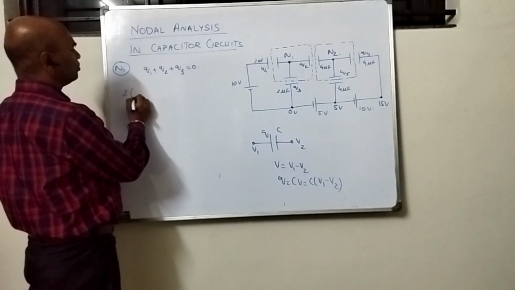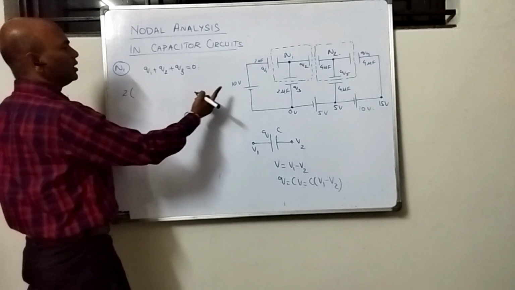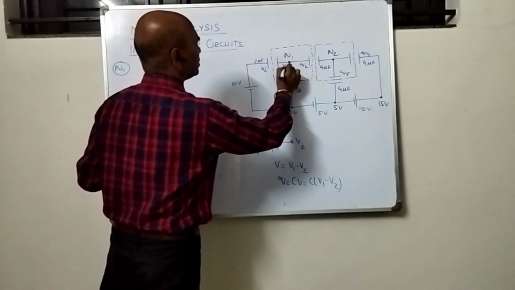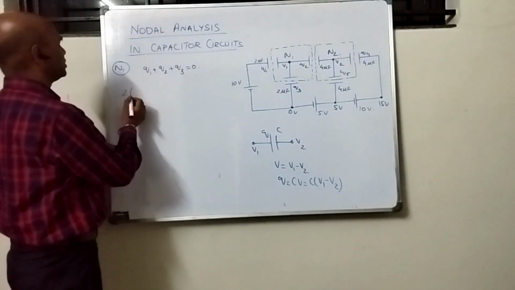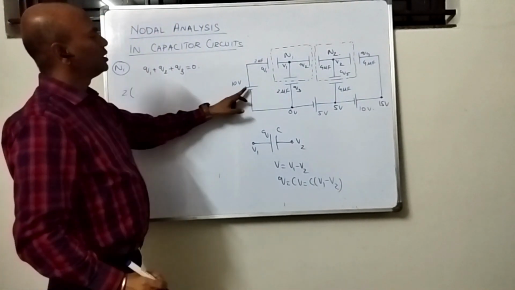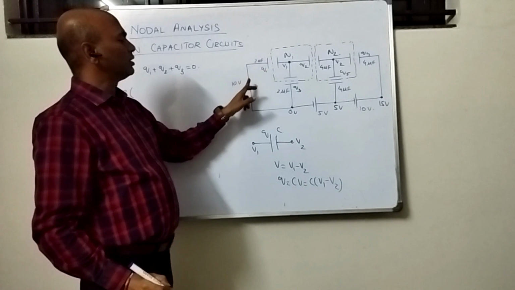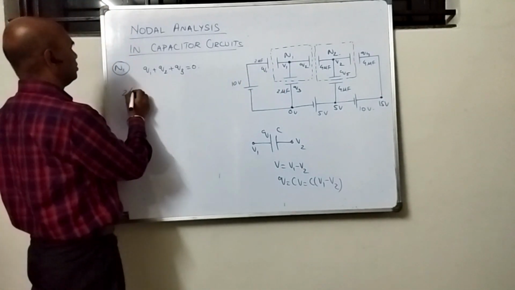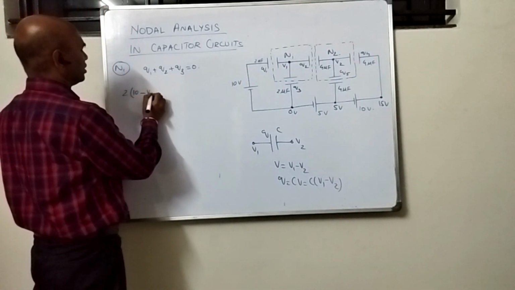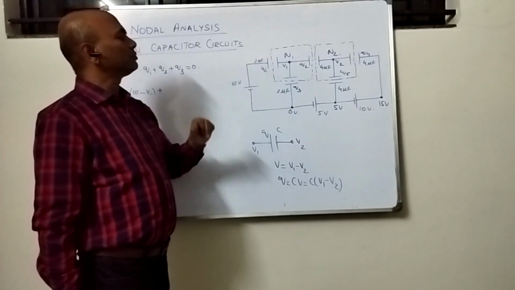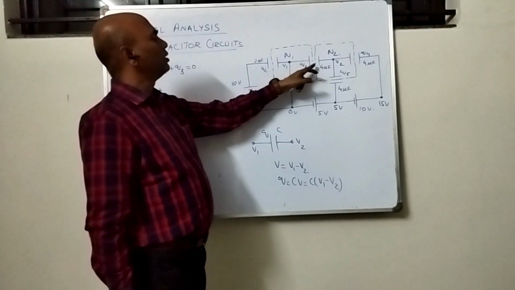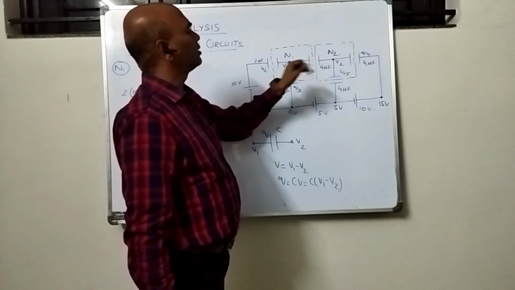So 2 into the potential difference. Here let us assume that the potential is V1 and here let us assume that the potential is V2. So it is 2 into the potential difference on either side of this capacitor, it is 10 and V1. So 10 minus V1 plus, coming to the second one, here this is V1 and here this is V2.